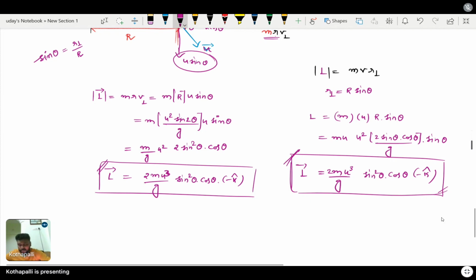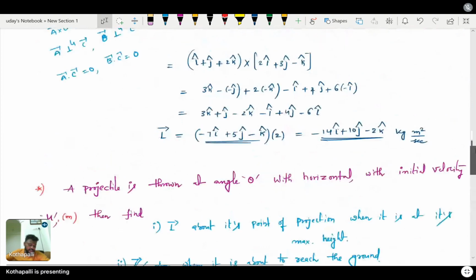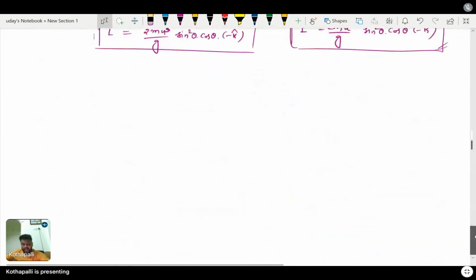Okay, so a different case but a very important case. I hope you understand. Now let's go to the next concept of angular momentum, that is angular momentum of rigid bodies. Until now this was actually for a point mass only. We discussed a point mass traveling with a velocity v of mass m.